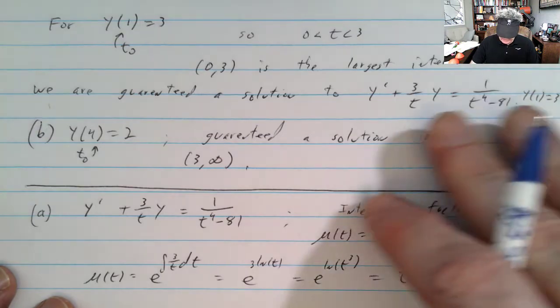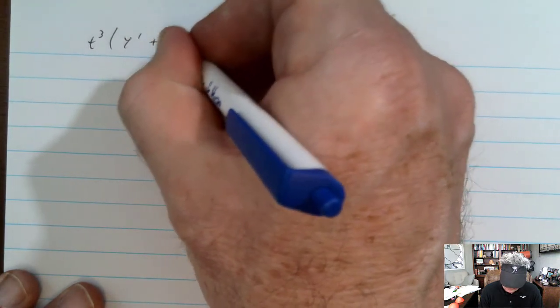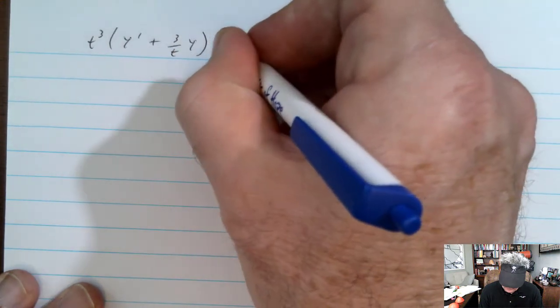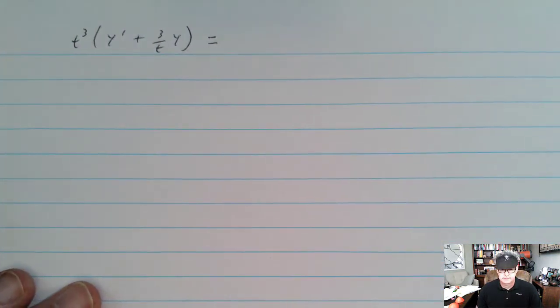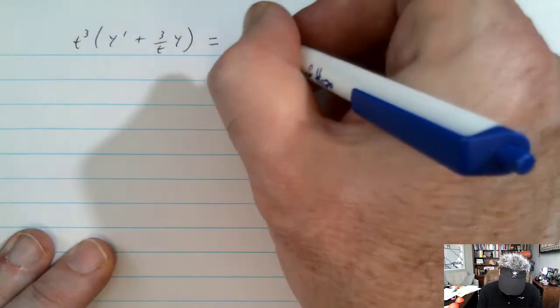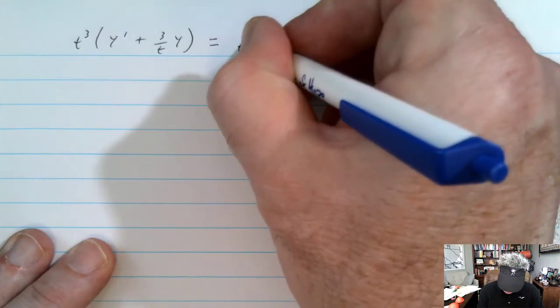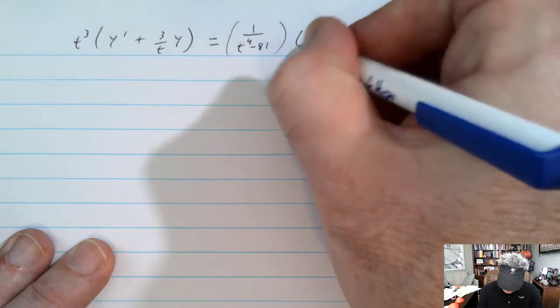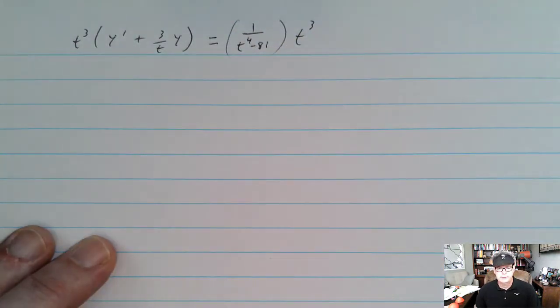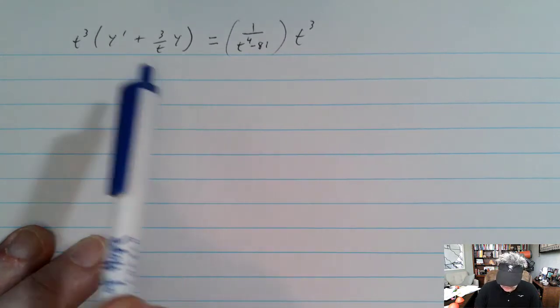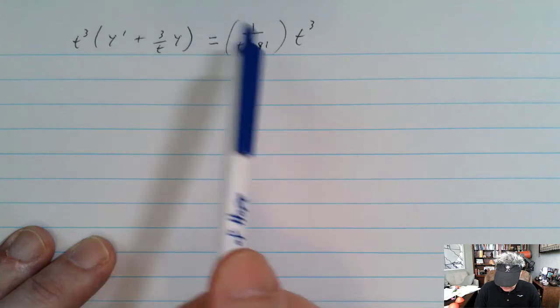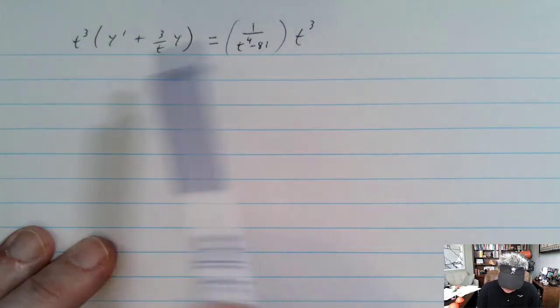So let's see how we solve it then with that. Keep going here. So if we multiply the standard form by our integrating factor, and we can sometimes skip some of these steps, but I'll show them, just in case we're rusty on any of this stuff. All right, so there's the original differential equation multiplied through both sides by the integrating factor.